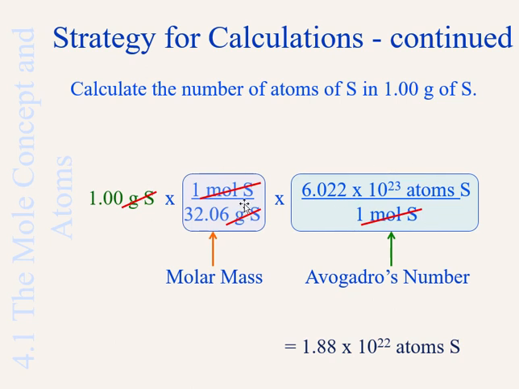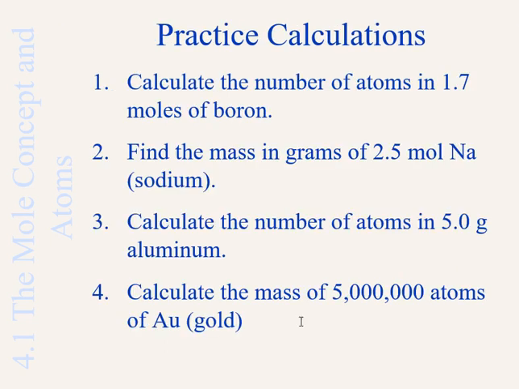The grams of sulfur cancel out, numerator, denominator. The moles of sulfur cancel out, numerator, denominator. If you put parentheses around each of these, the answer is 1.88 times 10 to the 22 atoms of sulfur. Here are some more practice calculations you should do before you try the exam, the homework and the quizzes.